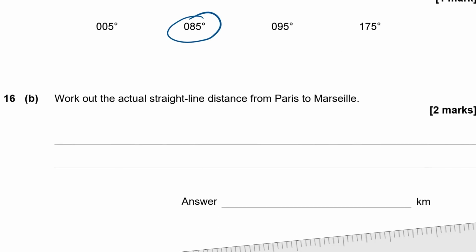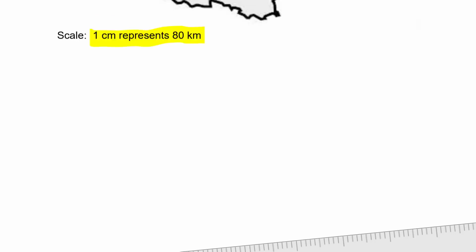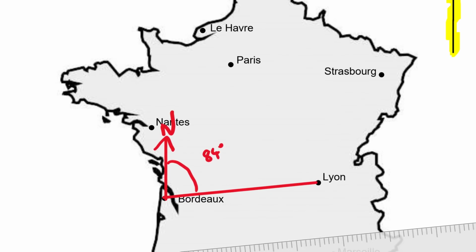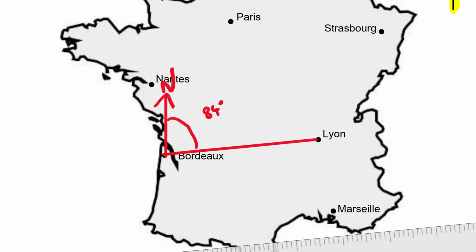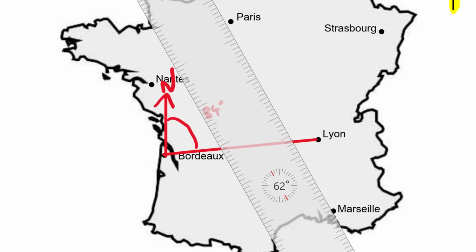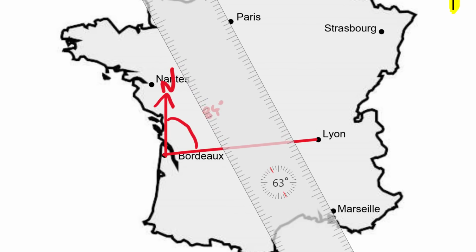It says work out the actual straight line distance from Paris to Marseille. So Paris is up there in the north, look, and Marseille is down in the south. So let's join them up with a straight line.